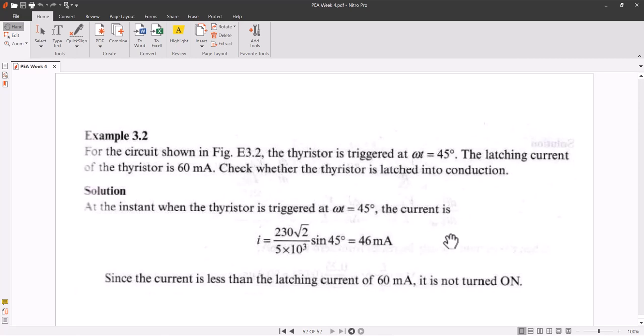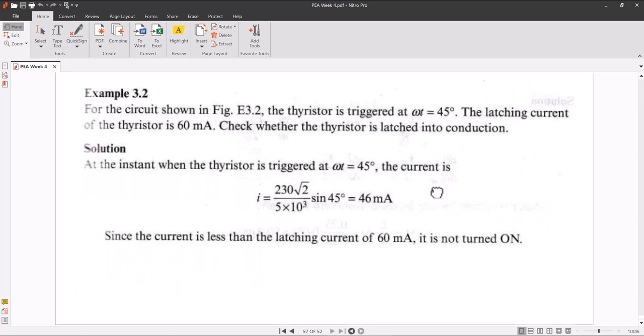Since the current is less than the latching current it is not turned on, ठीक है. तो ये दो एग्जांपल्स से आपको इसका लैचिंग करंट और होल्डिंग करंट का कॉन्सेप्ट क्लियर हो जाता है. सो थैंक यू वेरी मच फॉर लिसनिंग.